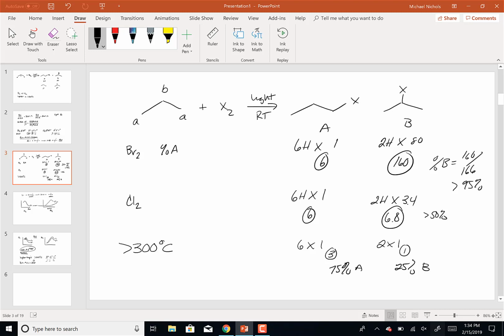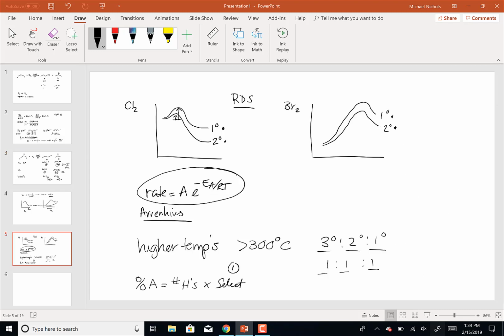So free radical reactions, it's very difficult to get them to go to 100-to-1. You can't really get 100%. So that's how we can change the conditions, and that's why they have different selectivities, because of the difference between endothermic and exothermic. Does that make sense to everybody?